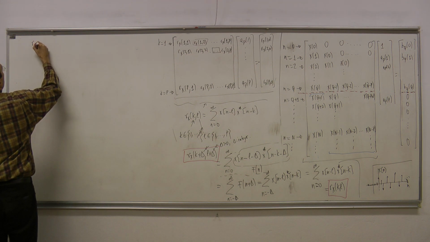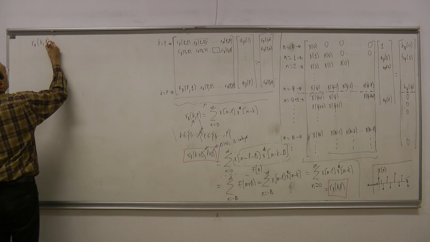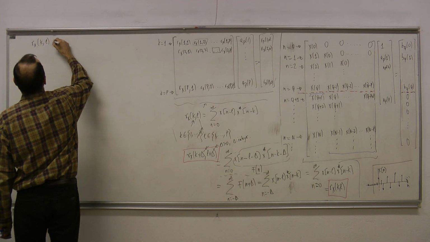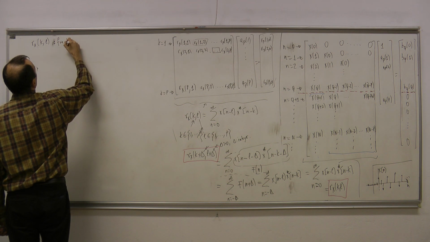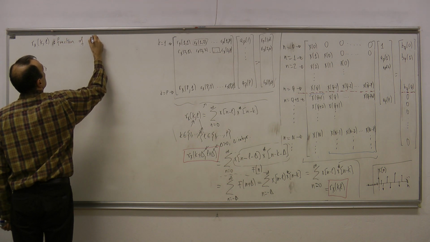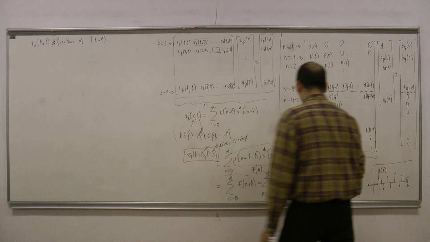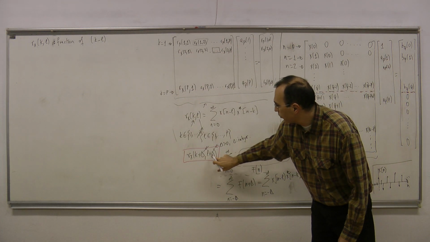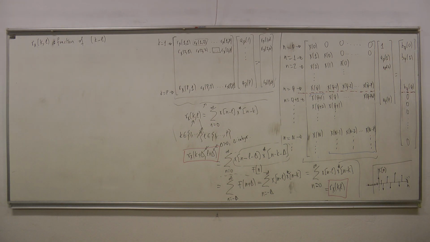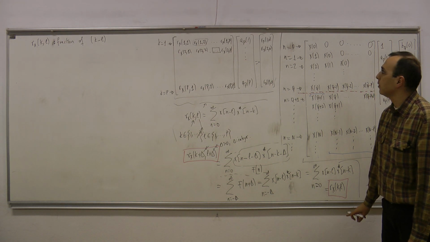Then Rx(K, L) is a function of K minus L. Because if I increment both of these arguments by delta, then I get the same thing.